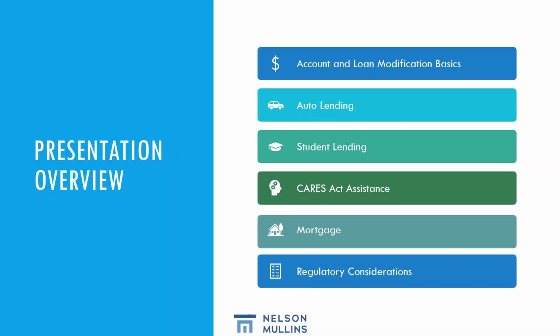And so there are some unique considerations that come when we build private modification programs, including some that we'll talk about in detail with Craig regarding TDRs and troubled debt restructurings and how you're classifying these particular types of assets.